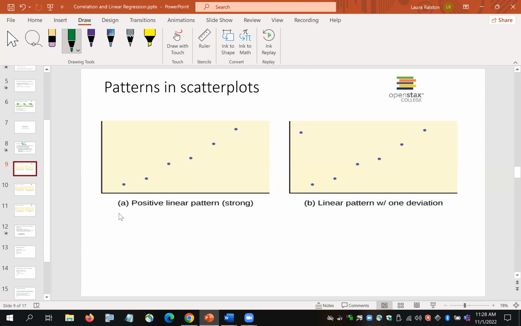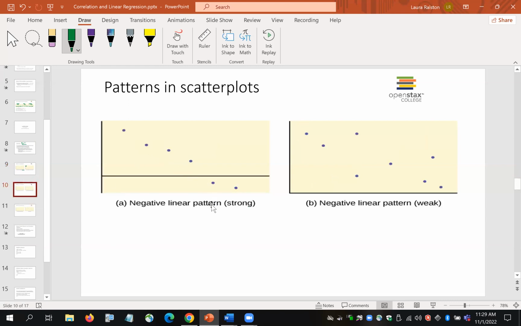So that would be a positive linear pattern, and it would have a strong correlation, again, because it's almost a perfect straight line. You could have something like the one on the right, where you have a linear pattern, except for one little dot that's way off over here by itself. You've got that one deviation.